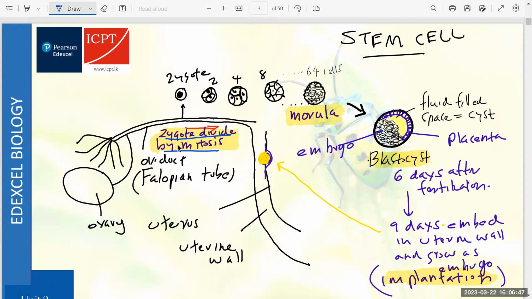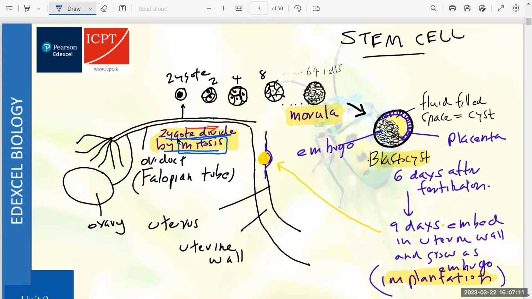Now, if we go back to understand what is mitosis, we have learned mitosis previously. If we try to recall, mitosis is nuclear division to form genetically identical cells.